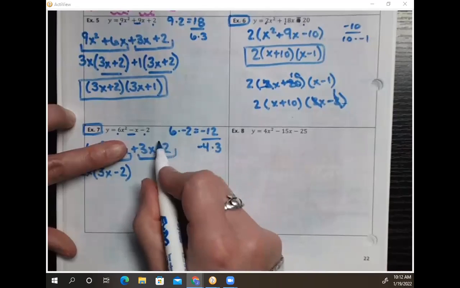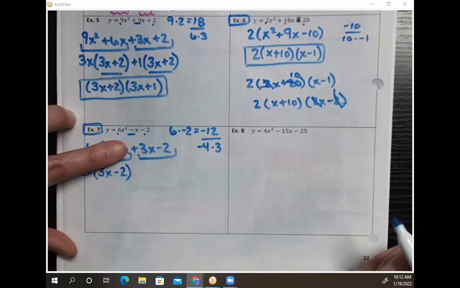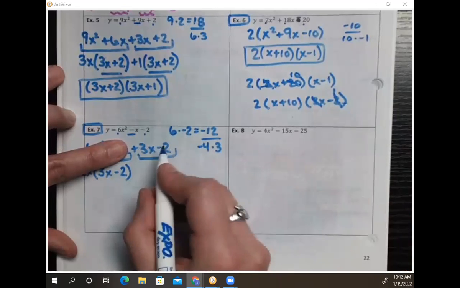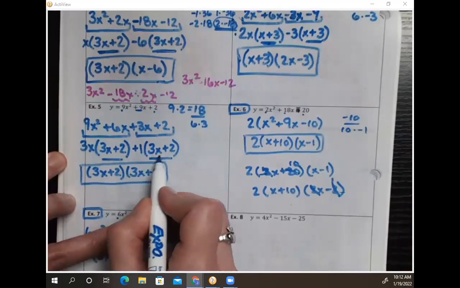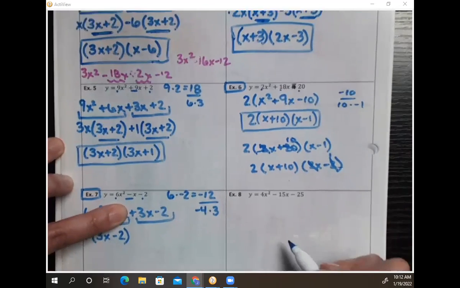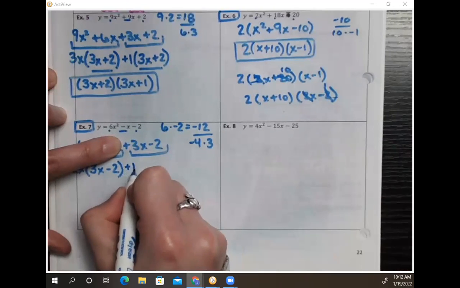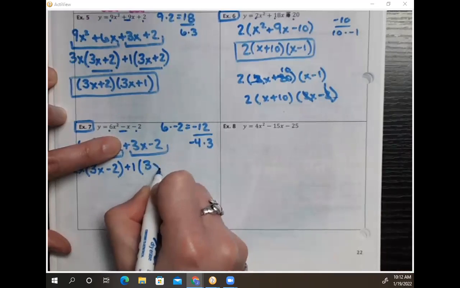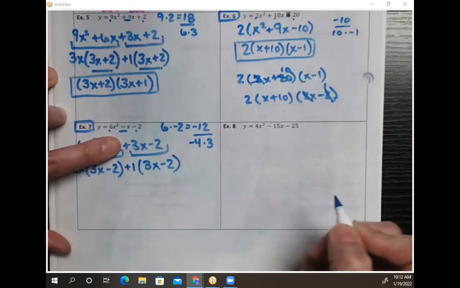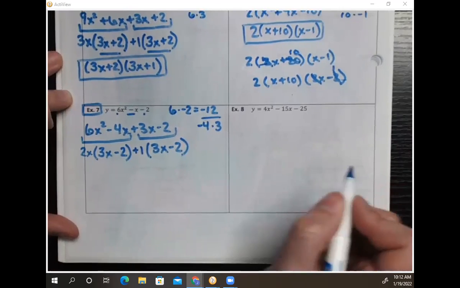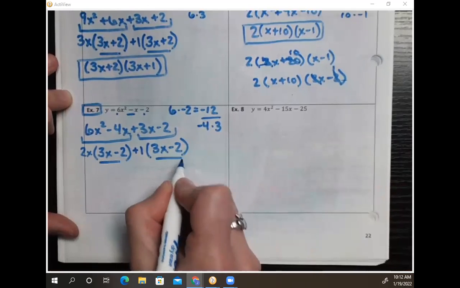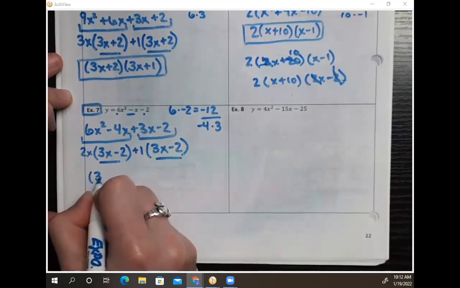And then how about for my second group here? What do they have in common? Just 1. Yeah, this is actually really similar to example 5, right? Nothing exciting in common there. So we just say 1. I would be left with 3x minus 2. I'm left with what I had originally. Now my stuff in parentheses is the same. So I pull that out.